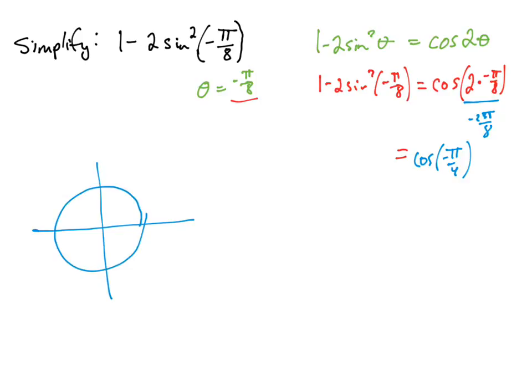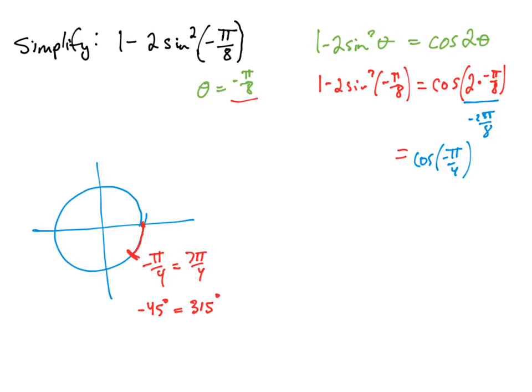If we have a negative angle, remember we start at the point 1, 0, and we're going to go in the opposite direction. So right here would be an angle of negative pi over 4. That is coterminal with 7 pi over 4. In degrees, we could write this as negative 45 degrees or 315 degrees. So all of these angles are equivalent to each other.